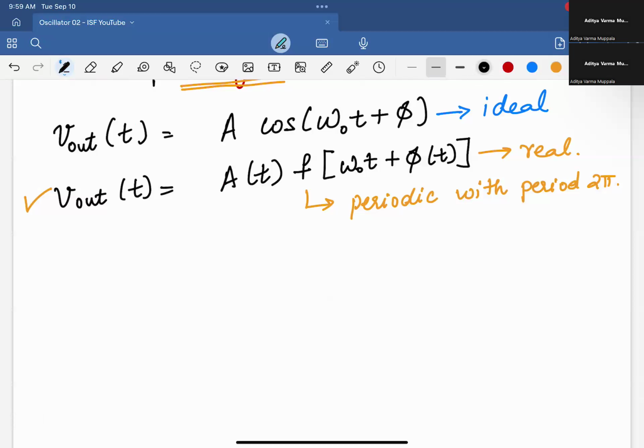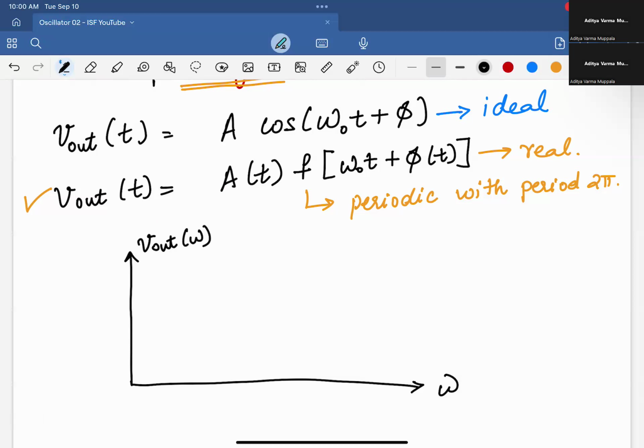If we plot this in the frequency domain, let's say this is omega, and I'm plotting V out of omega, then the ideal one would, in the real part of omega at least, have a single tone, an impulse function. And this non-ideal one looks almost like a modulation on top of it. So it's not exactly a single tone, it has some spread.